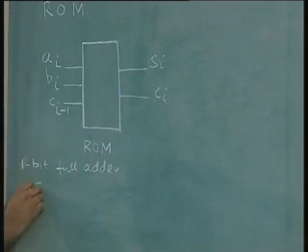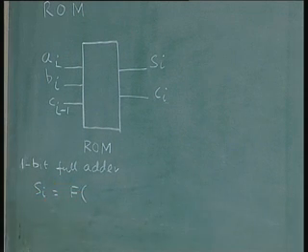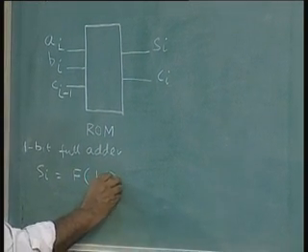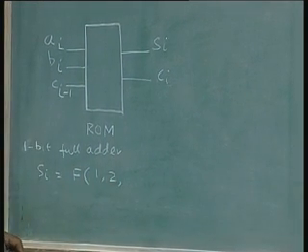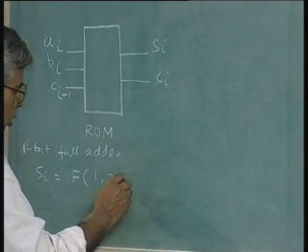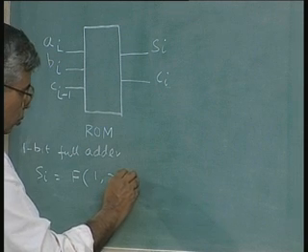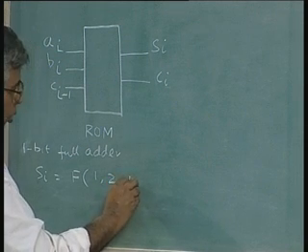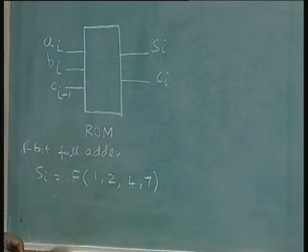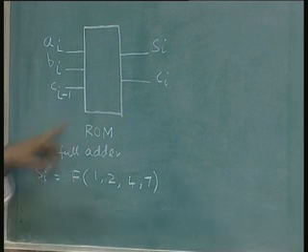We know that Si is 1 for minterms 1, 2, 4 and 7. For minterms 1, 2, 4 and 7, sum is 1.